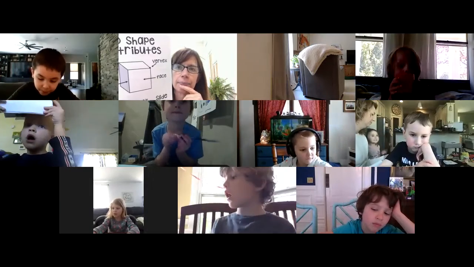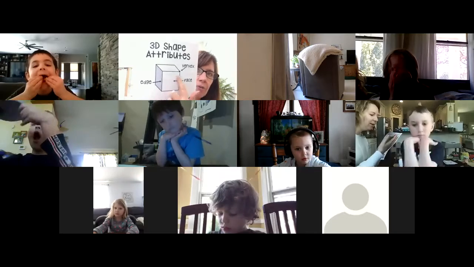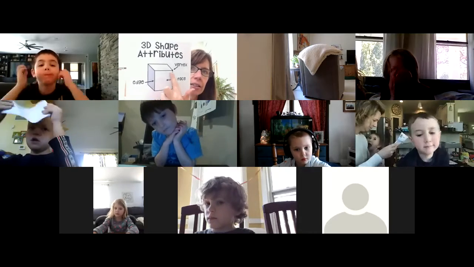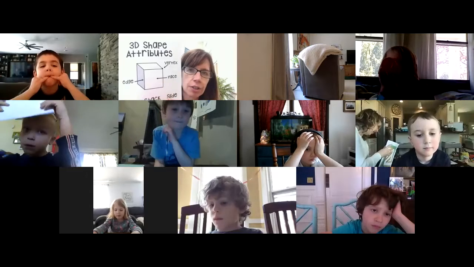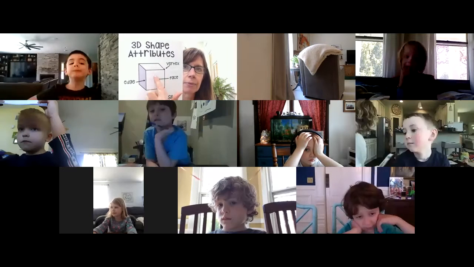Do you remember last week we talked about how many corners and how many sides? On a 3D shape, we're going to talk about faces. This is a face. We're looking at a picture of a cube, right? You guys know, you've seen cubes before. We talked about it at school, a cube. This cube has a face right here.